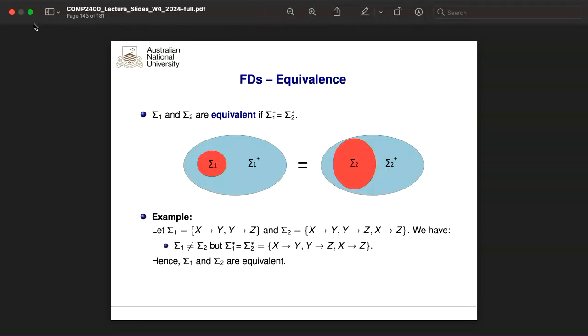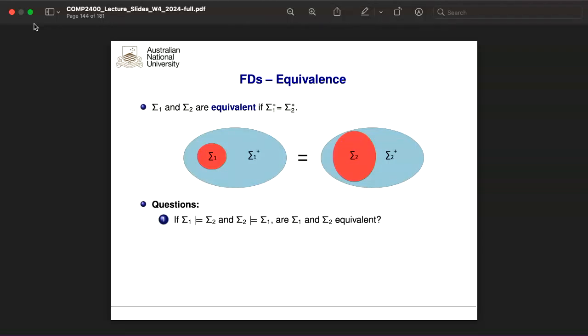This is one example. If we have x determines y and y determines z, that's one set of function dependencies. Another set is x determines y, y determines z, and x determines z. It sounds like one extra, but because we can derive the third one from x determines y and y determines z, they look different, but in terms of their implied function dependencies, they are equivalent.